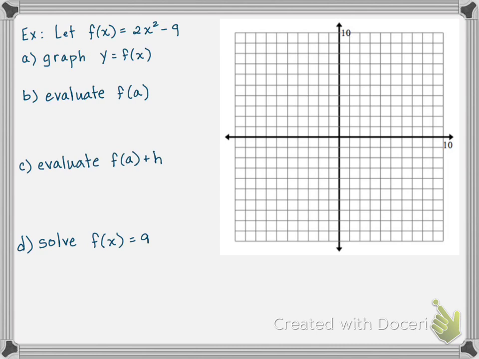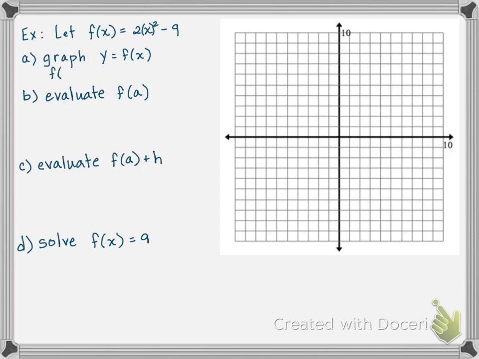One thing that came up a couple times was parentheses. If there's no parentheses in the original statement of the function, then the only parentheses you're going to put in are the ones that you put your input in, right? And you need those to get order of operations correct. So when you plug in negative 2, you've got 2 times negative 2 in parentheses squared.